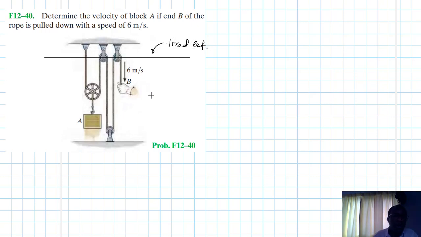Right, and once we've done so, we need to define our positive coordinate. So going down, we are going to define it as positive.